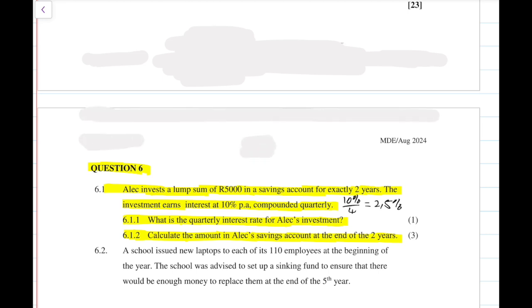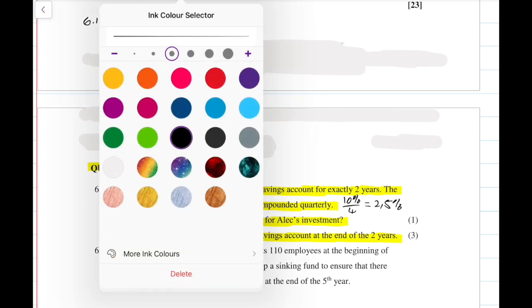So here we're just going to say A is equal to 5,000 into 1 plus the 10% all over the 4, and it's for 2 years, so it's 2 times 4, and that's easy, done. So the answer that we're looking for here is 6,092.01. Now, on to the next one.